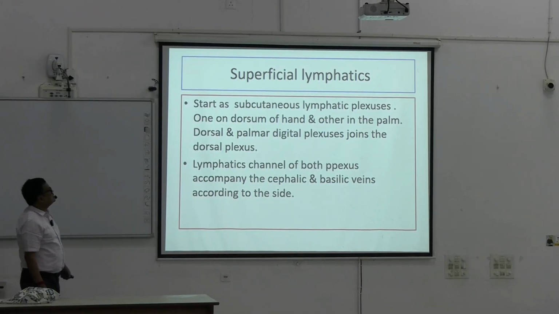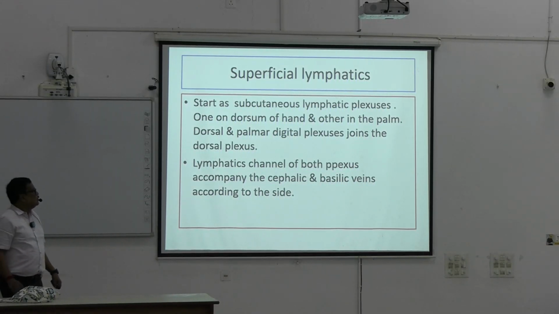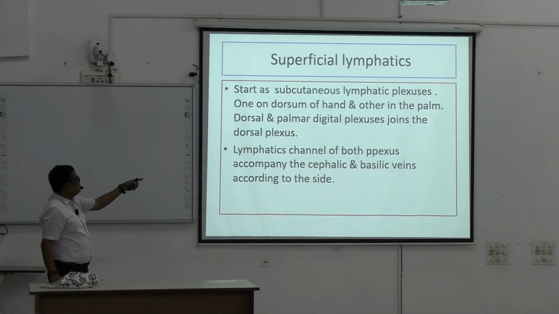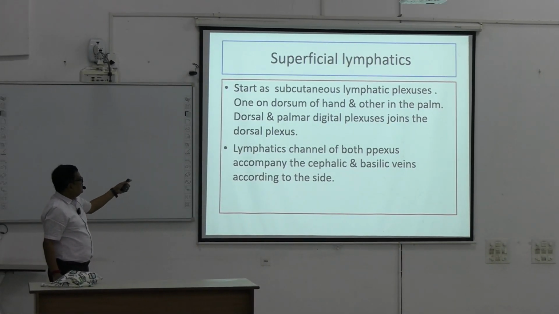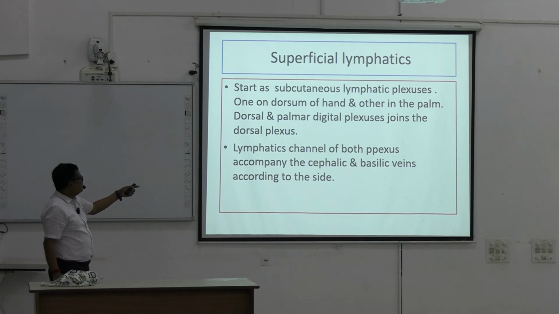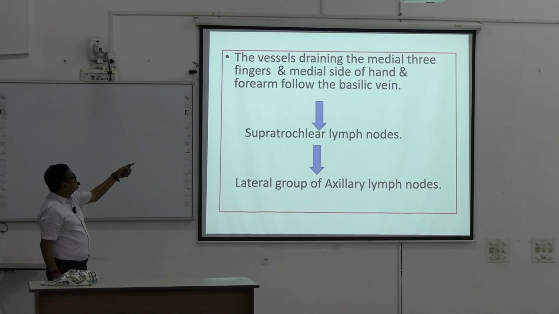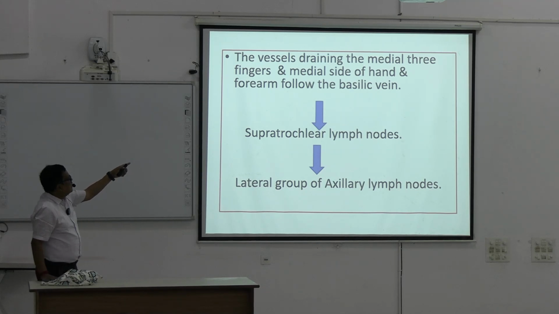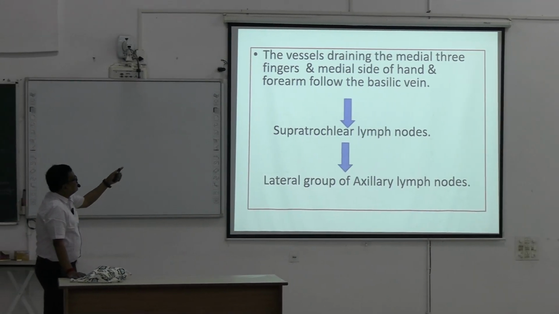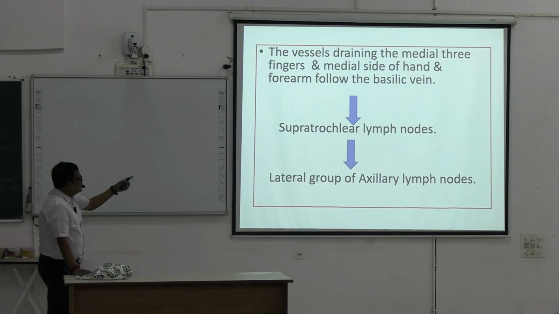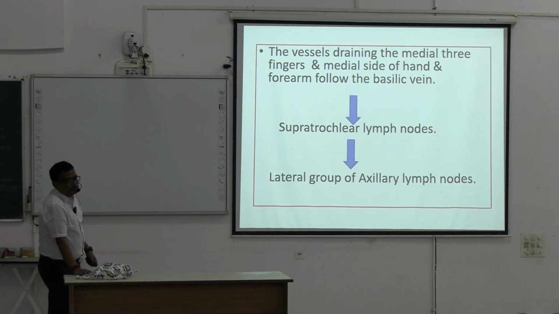Starts as a subcutaneous lymphatic plexus, one on the dorsum of the hand, the other in the palm. Dorsal and palmar digital plexus join the dorsal plexus. Lymphatics from both plexuses accompany the cephalic and basilic veins according to the side. The vessels draining the medial three fingers and medial side of the hand and forearm follow the basilic vein, then drain into the supratrochlear lymph nodes, then into the lateral group of axillary lymph nodes.